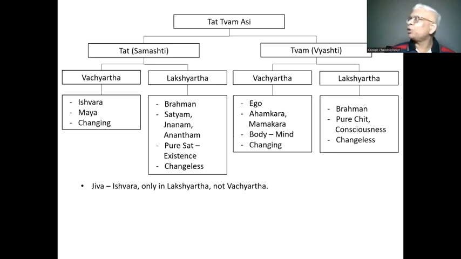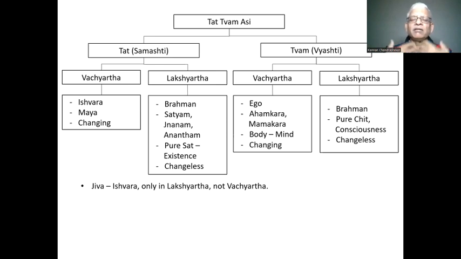Tat stands for the totality. And Tvam stands for the Vyashti. Vyashti means individual, Samashti means total. What should be my vision when I am understanding the Mahavakya?